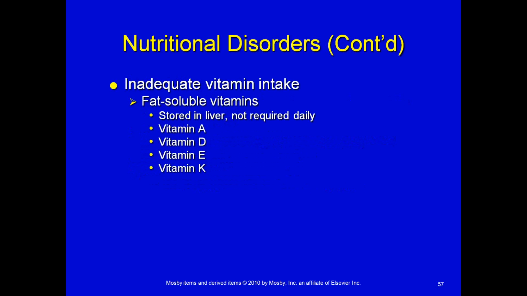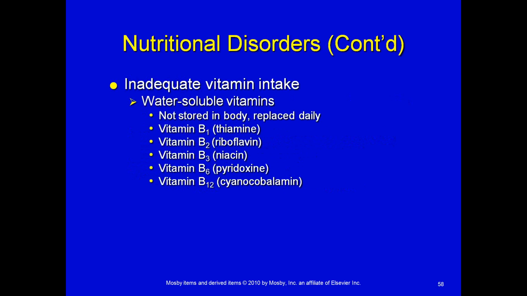And what we're seeing, of course, missing here for neurohealth is these water-soluble vitamins. They're not stored in the body. We have to replace them every day. And they include vitamin B1, which is thiamine, vitamin B2, which is riboflavin, vitamin B3, which is niacin, vitamin B6, which is pyridoxine, and vitamin B12, which is cyanocobalamin.